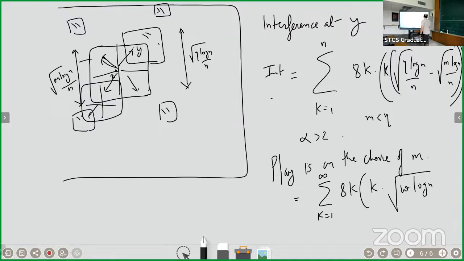Then M is smaller than eta. Essentially subtracting this out, writing it as eta inside it out. Think of this as some function of eta. Okay, so that's my interference.